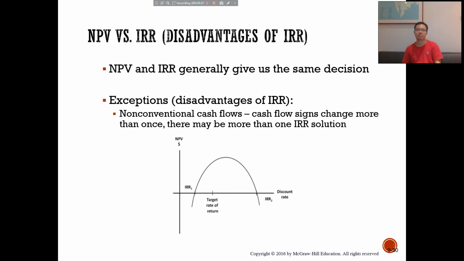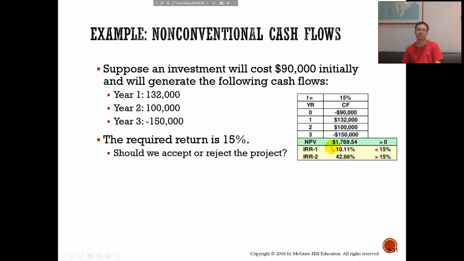This becomes a problem. For example, take a look at these non-conventional cash flows. Suppose the investment will cost 90,000. So the initial investment is a cash outflow, negative $90,000 at year 0, and we generate the following cash flows. Year one, you have a $132,000 cash inflow.